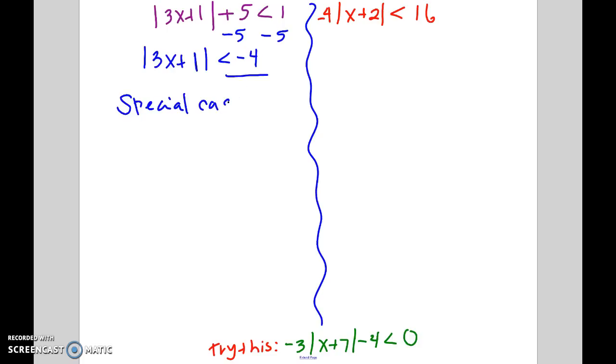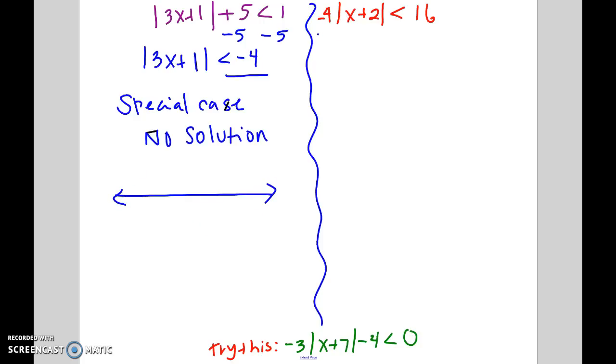And since it's a less than, it's an and, which tells me that it's going to be no solution, because that's a special case for and. So therefore my graph stays empty and I have no interval.